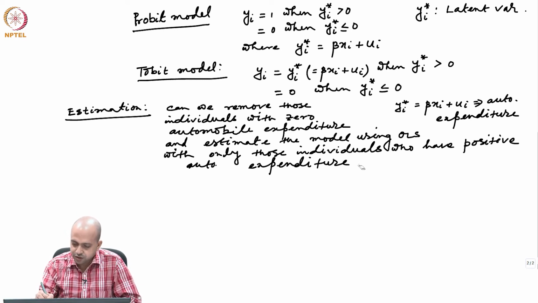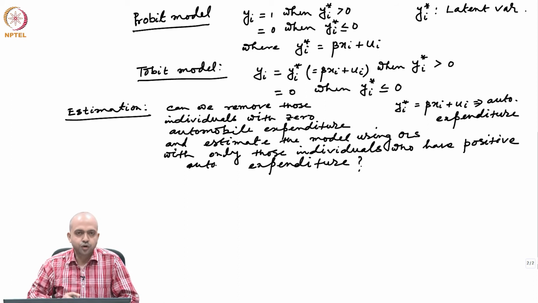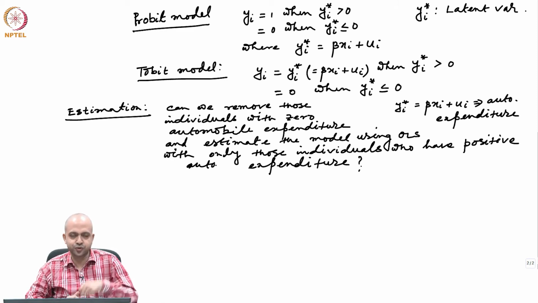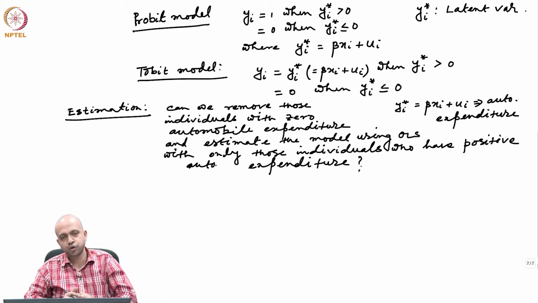Since you have 0 observation on yi for some individuals, you cannot observe all your dependent variable. So, an easiest solution is just to remove all those individuals with 0 automobile expenditure and then estimate using the data for all those households or individuals with positive automobile expenditure using the ordinary least square method.